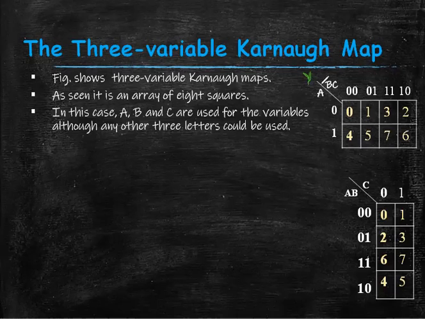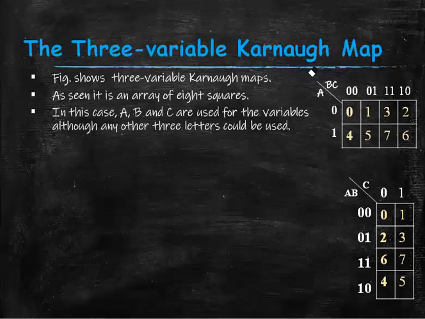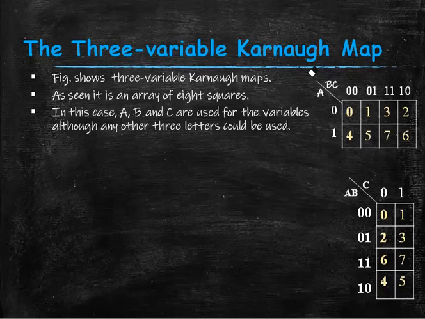That means the output of the Karnaugh map is represented as Y. Then we have to use that Y when we write the truth table. We can also use the variables as PQR or XYZ, anything.